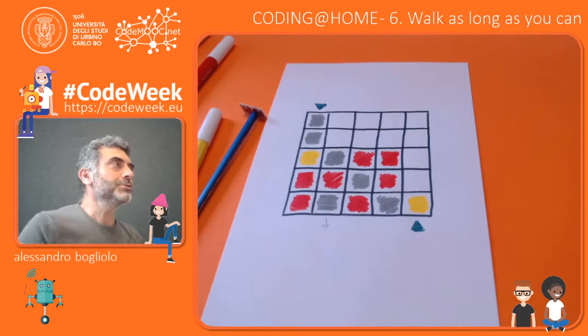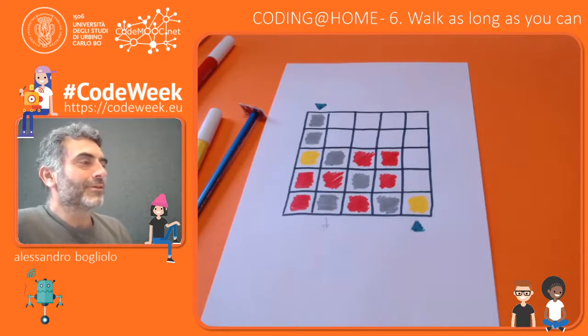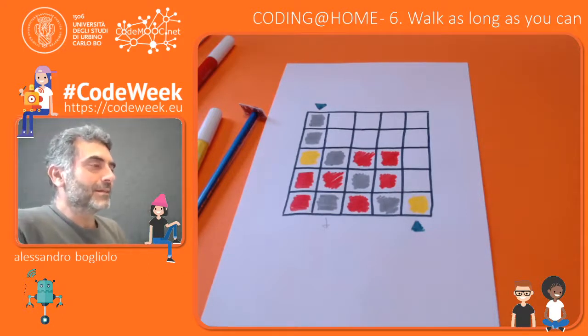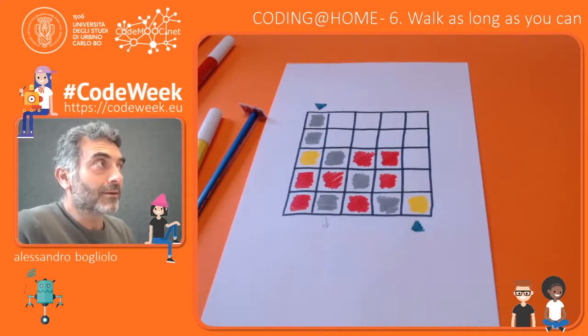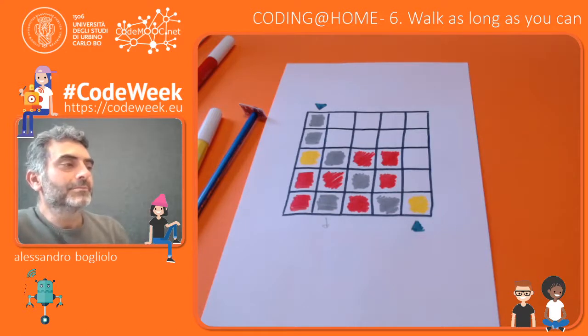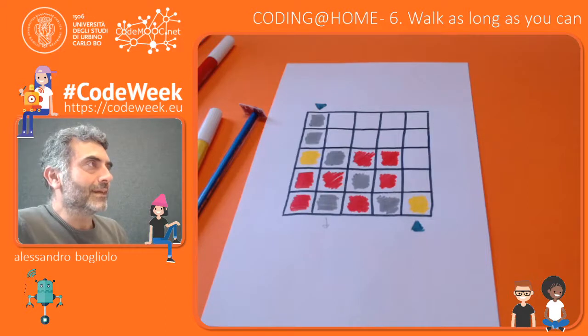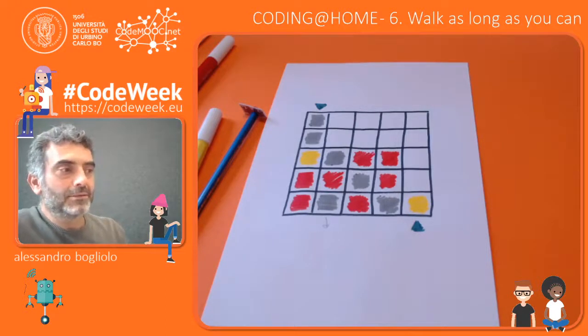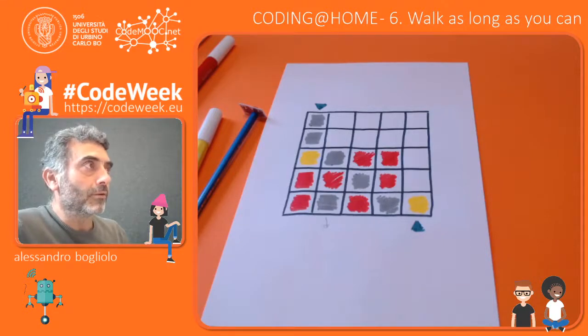So now it's up to you to finish your path, making it as long as you can, or at least longer than mine. You have to check carefully how many tiles, how many boxes I visited before exiting, and you can make any path longer than mine to win.